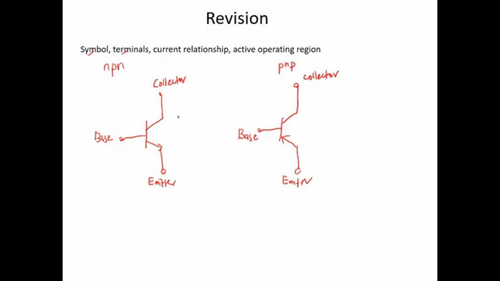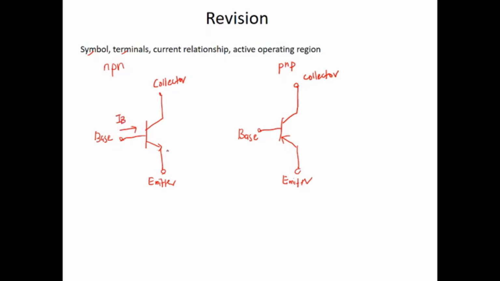Next, we have the symbol and terminals. How about the current? Every terminal will have its own current: base current, emitter current, and collector current. For the NPN, the base current points in, this is IB.